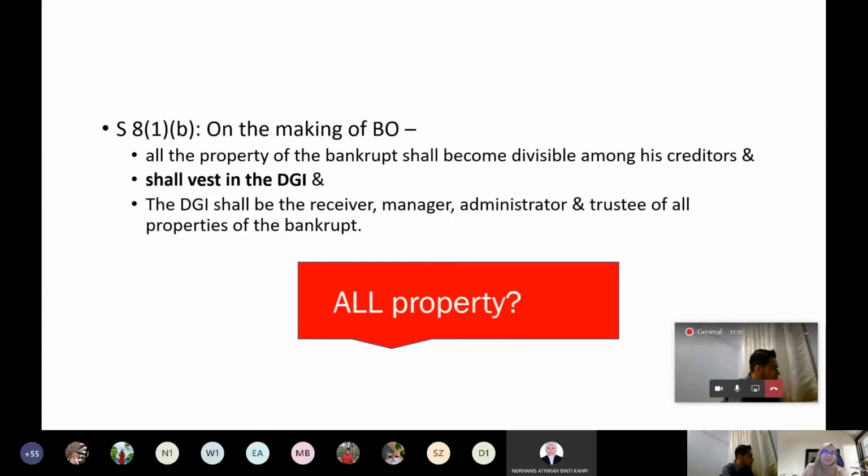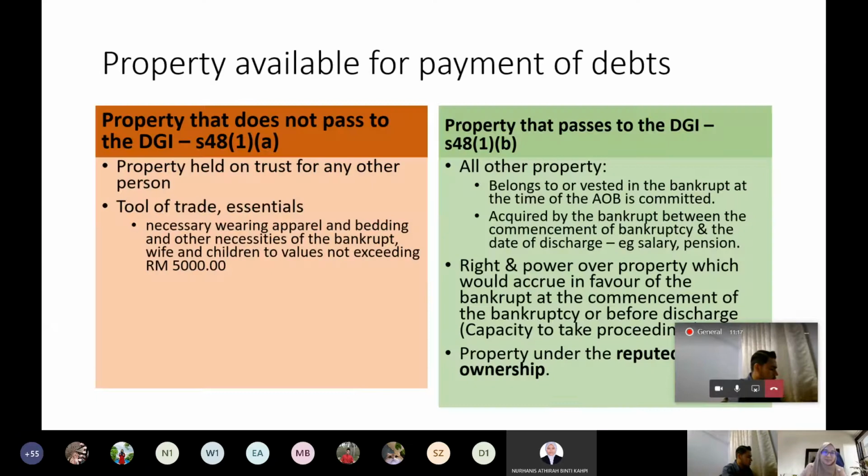Tapi dia ada exception to the general rule. So kita tengok dekat sini, property which are available for payment of debt. So the first one is under section 48, subsection 1, paragraph A and B. So they divide into two. That is the property that does not pass to the DGI. So this is the exception to the general rule. Okay, the first one is the property which is held on trust for any other person.